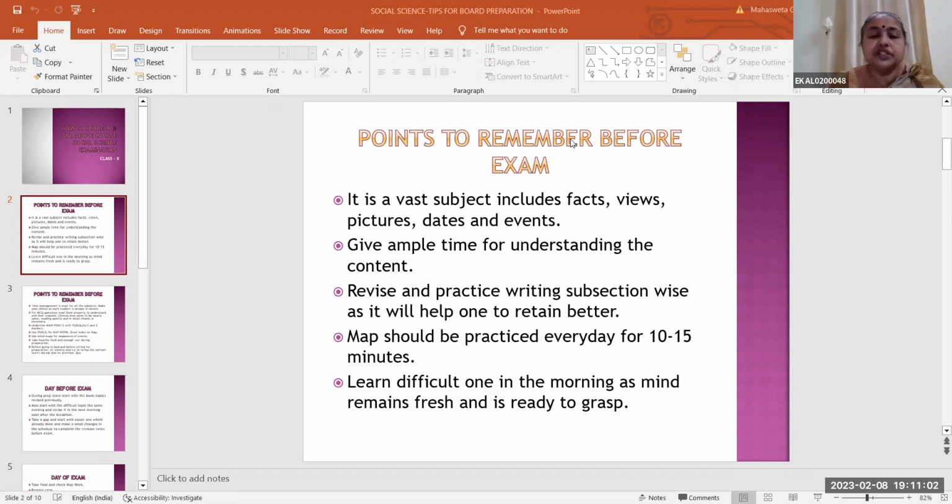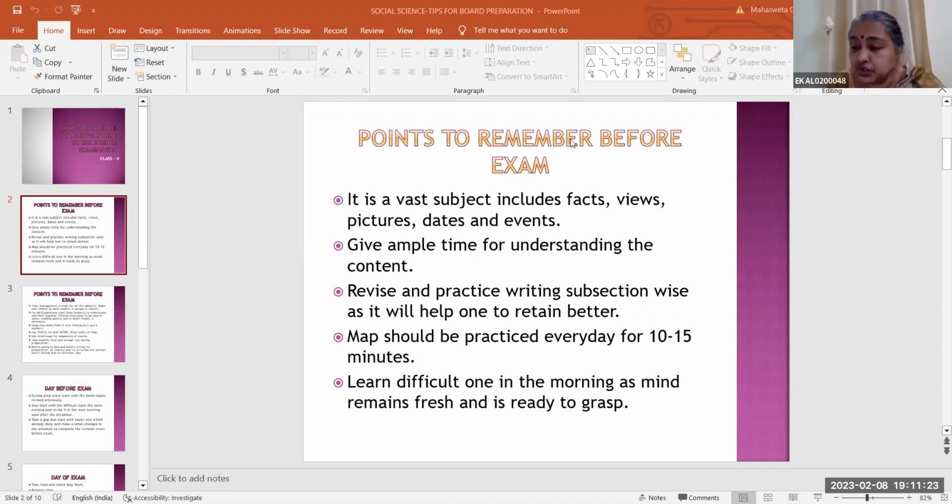It's very important to write the answers in such a way that your examiner will not be able to reduce even 0.5 marks. So in order to get each subsection's full marks, it is mandatory to read and practice the writing work.